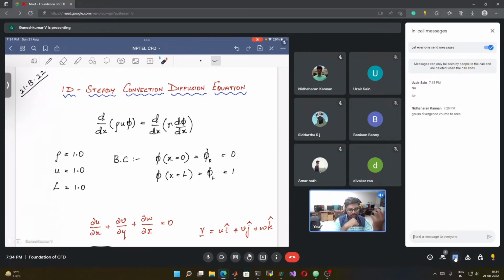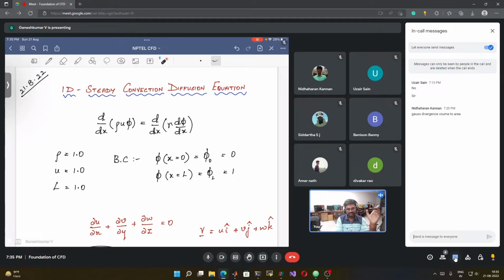That's how you solve even a steady state problem. It is very difficult to solve a steady state equation; it is rather easy to solve an unsteady equation. It arises because of the complexity of the PDE.